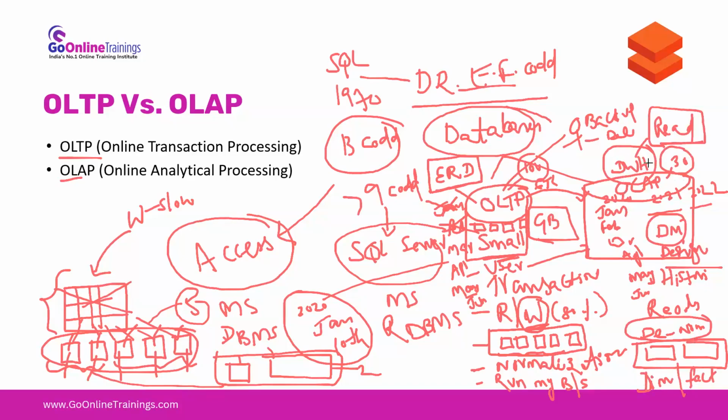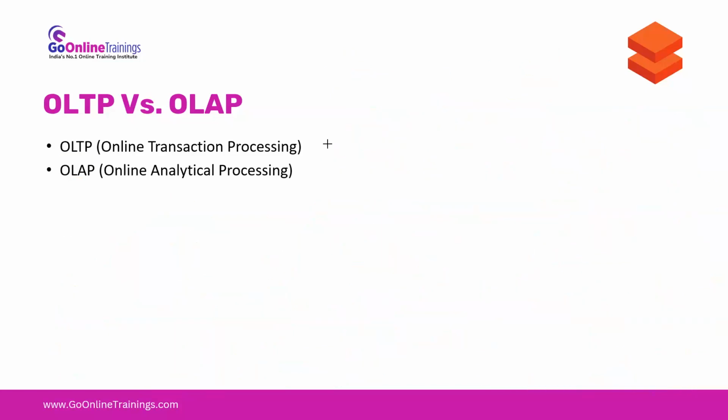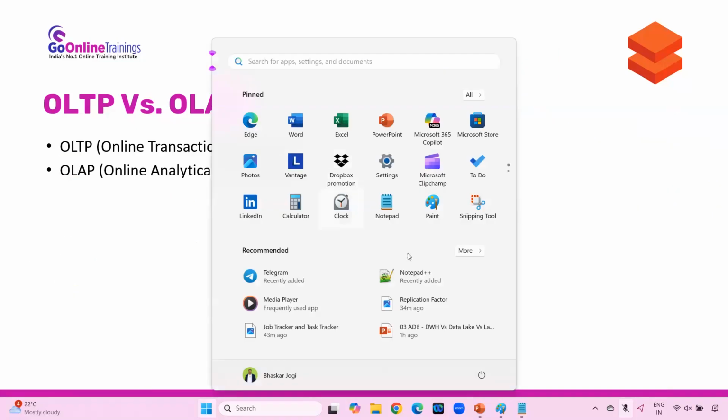It may be an Oracle database or SQL Server database. Historical data is going to be maintained, dimension and fact tables are going to be there, and a more denormalized architecture. Clear? And business users are going to be connecting.